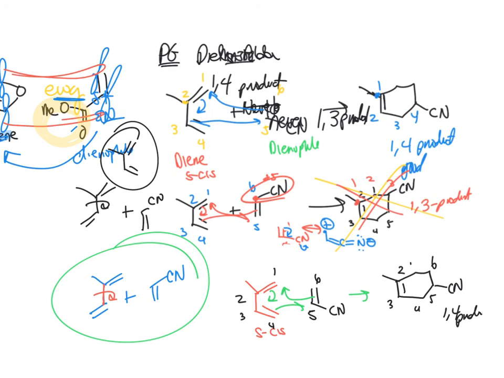Okay, looking at your additional problems, you need to draw your structures, draw your electron flow arrows for your mechanism, and show your stereochemistry. In 11, you need to show the Diels-Alder product. Oh, the one thing, the Diels-Alder is really the reason it became Nobel Prize winning, because it's used to make steroids.